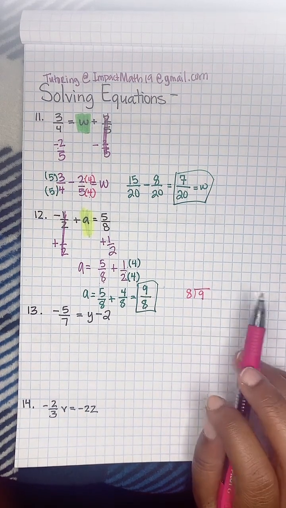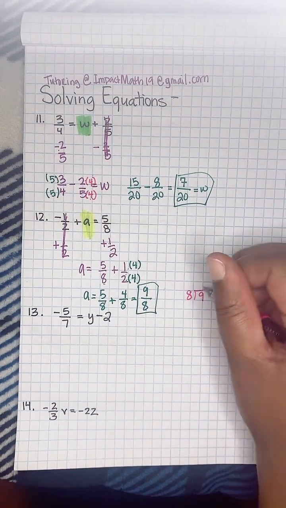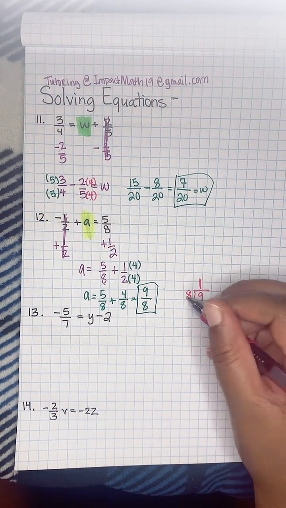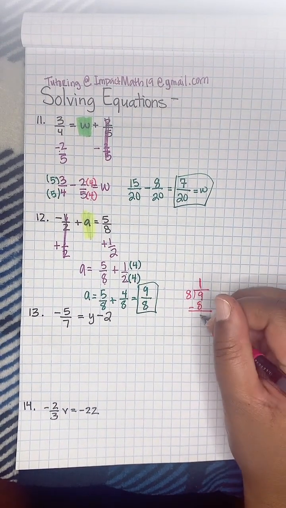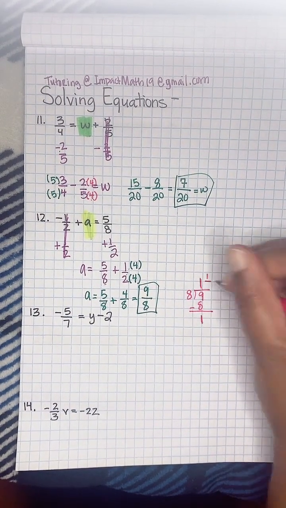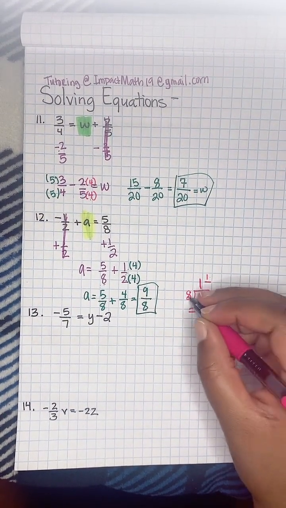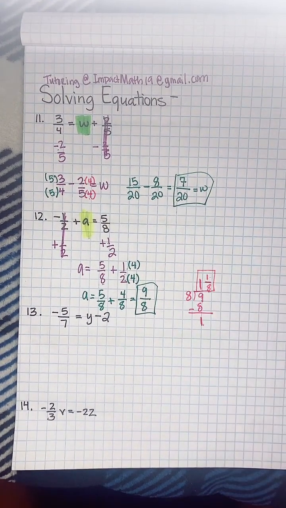Is it 1 1/2? 1 1/8. Okay, so 8 goes into 9 one time. And 1 times 8 is 8. Okay. So 9 minus 8 is 1. And then we put the remainder over what we're dividing by, which is 8. So that is our answer. Yep, 1 1/8.